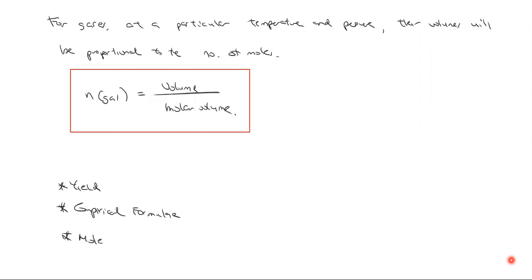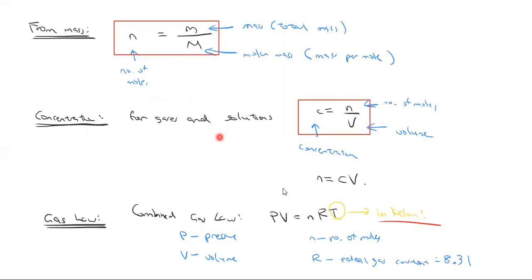Then you go on to molecular formulae by multiplying the empirical formula by some constant K. In a nutshell, your stoichiometric chemistry relies on you knowing these formulas that we've listed here.